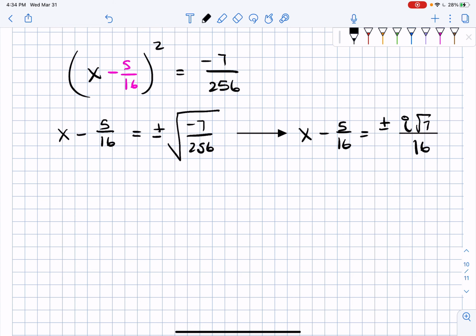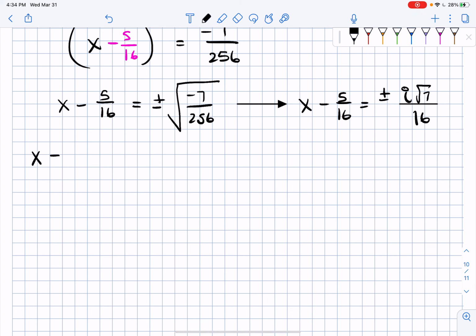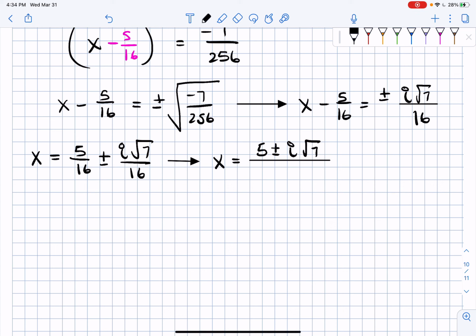Then I add the 5/16 over. I'm adding two fractions with a common denominator. So x is going to equal 5 plus or minus i square root of 7 all over 16. And that, ladies and gentlemen, is going to be choice C.